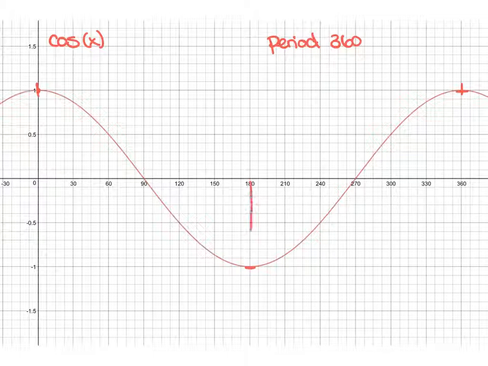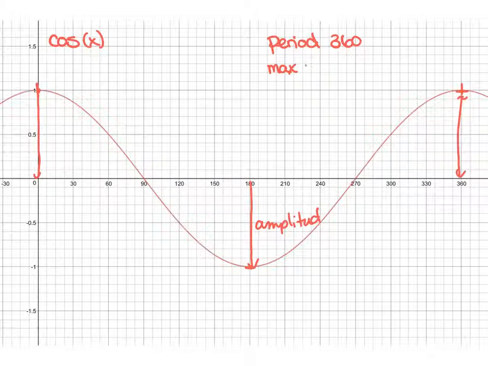Again, you can see the amplitude here. It's also here right at the end and right at the beginning. Those are all amplitudes, and you'll notice they're all equal to 1, just like the other one. Our max then is 1, and our minimum, as we can see, is at -1.